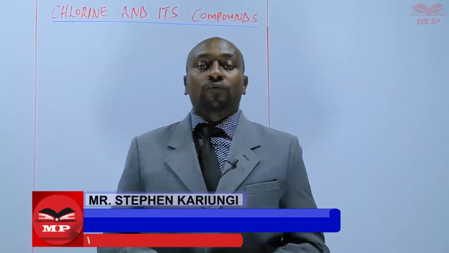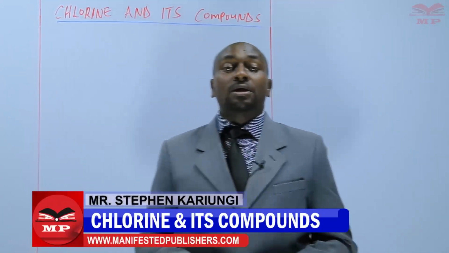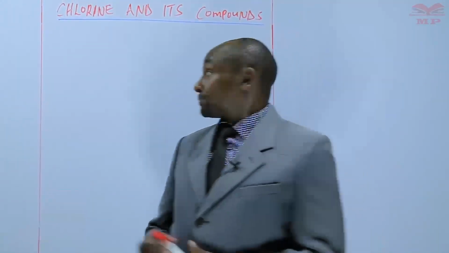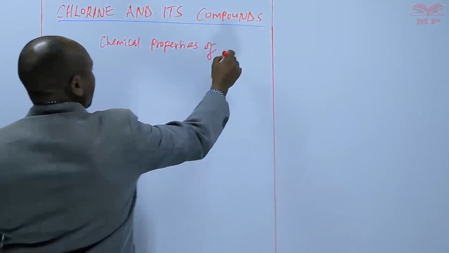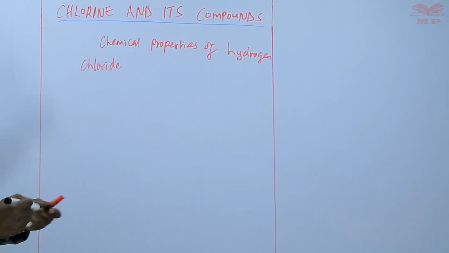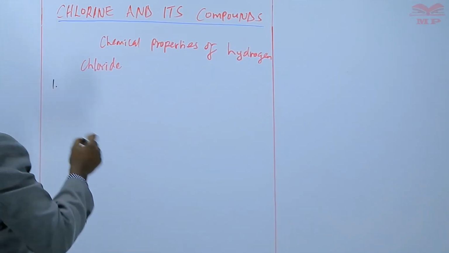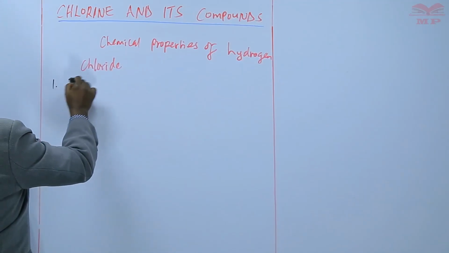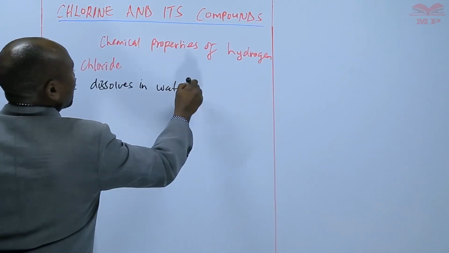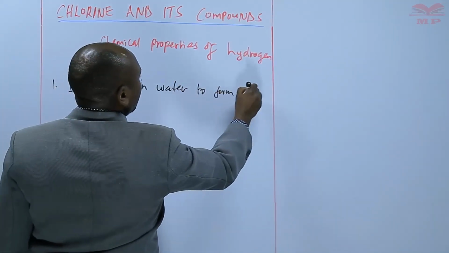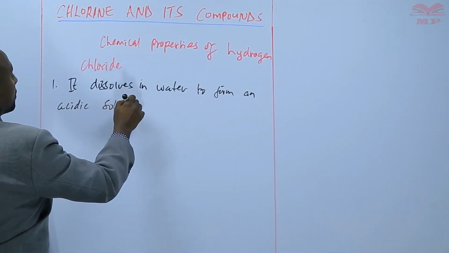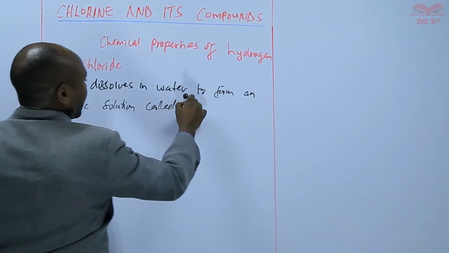We continue with our topic of discussion, chlorine and its compounds, and we are discussing the chemical properties of hydrogen chloride. One of the properties that we saw of hydrogen chloride is that it dissolves in water to form an acidic solution called hydrochloric acid.